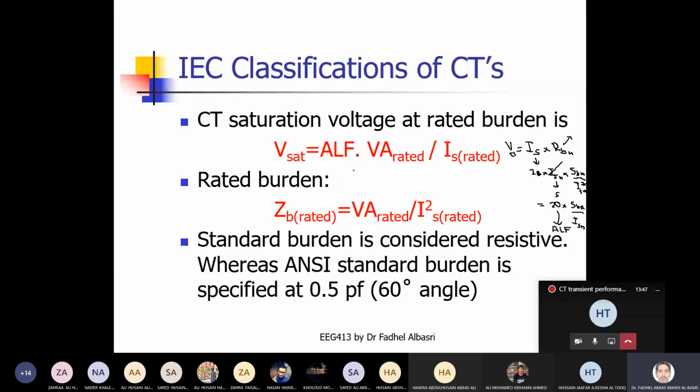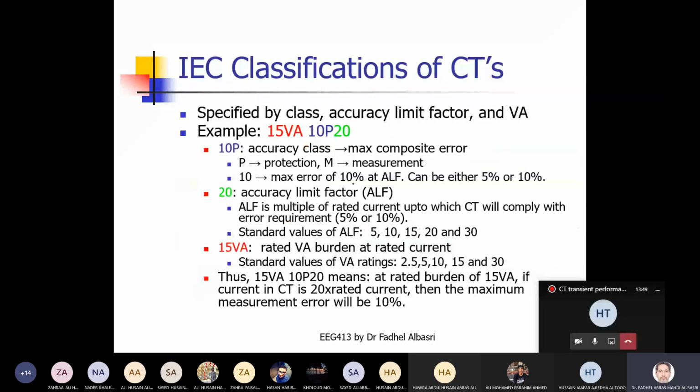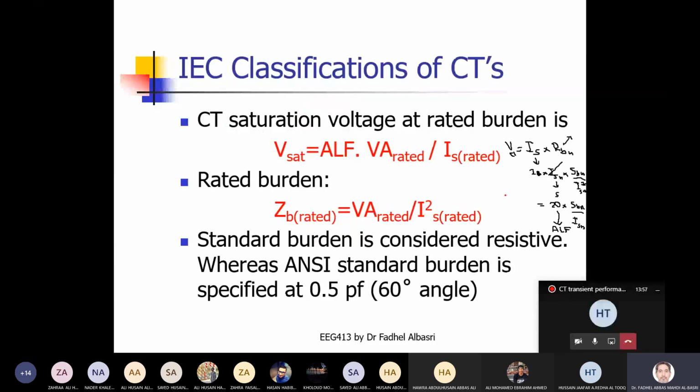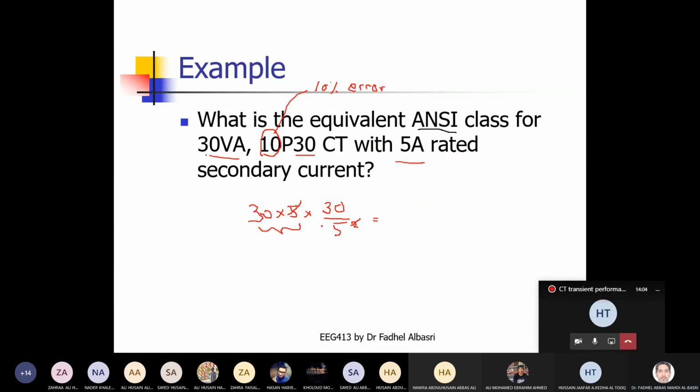So it is 30 times the accuracy limit factor 30, times 30 over 5. I'm using the actual here, but I can use this one formula. So in this case, I get 30 over 5, which is 6. 6 times 30, so 180.